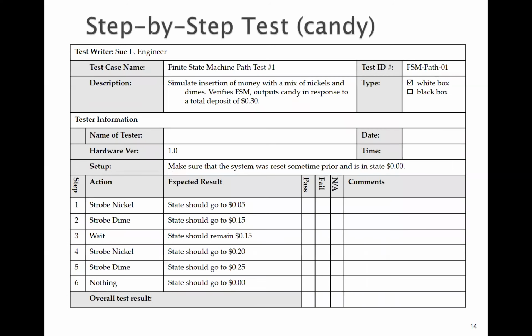Here you can see a step by step test. Again, we have a test writer here. And the difference here, as you can see at the bottom, is the steps from 1 to 6, and there is no simple voltage variation we apply here.